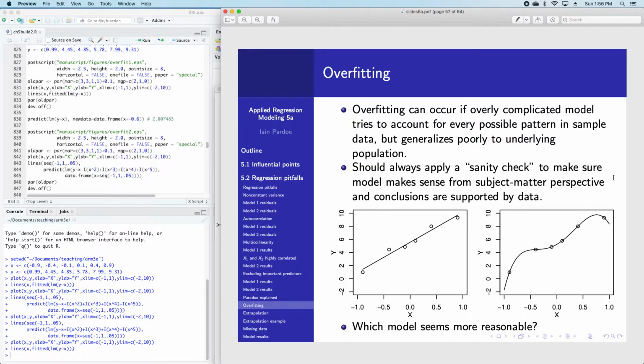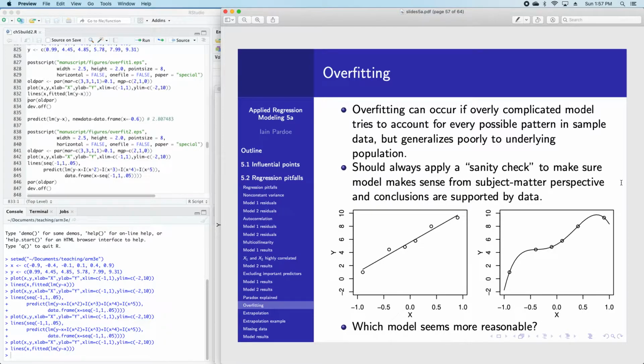Where this comes into play in practice, though, is in models with many predictors, and the problem that can occur is that we can try and add all these extra predictors or transformations to try and get our model as perfect as possible, but it's not actually modeling the underlying pattern in the data. It's just over modeling all the twists and turns in the sample data, and it's not really representing the population relationships very well.